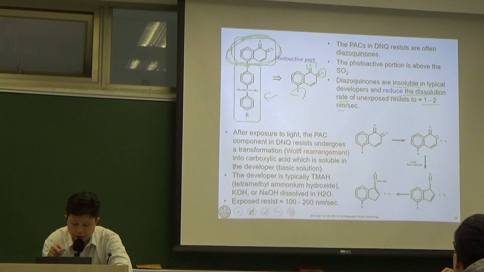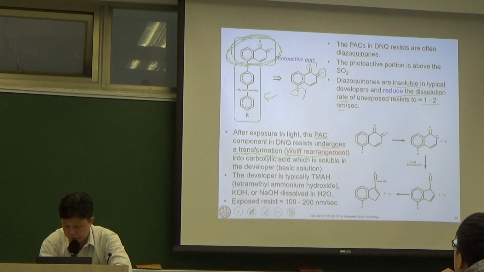expose the light to this photoresist, this PAC will undergo a transformation, and it's a famous transformation. We call it Wolff rearrangement. Okay, in this Wolff rearrangement, we can see here you have a photon come in and you will break the bonds.